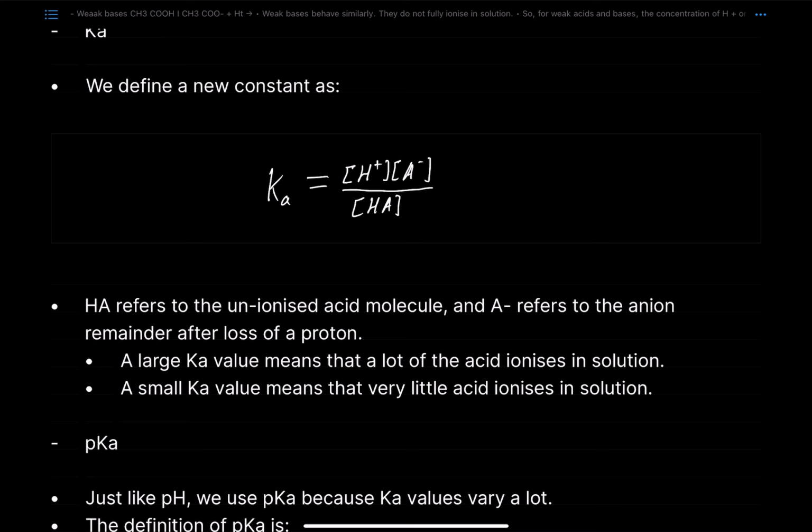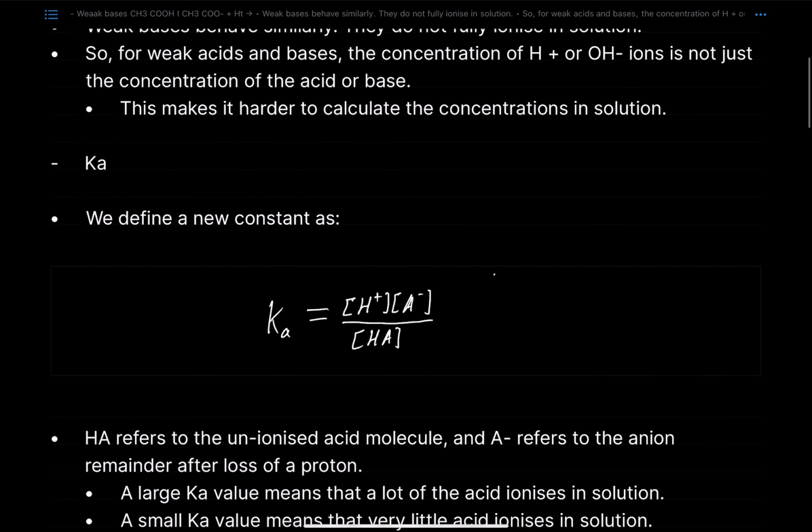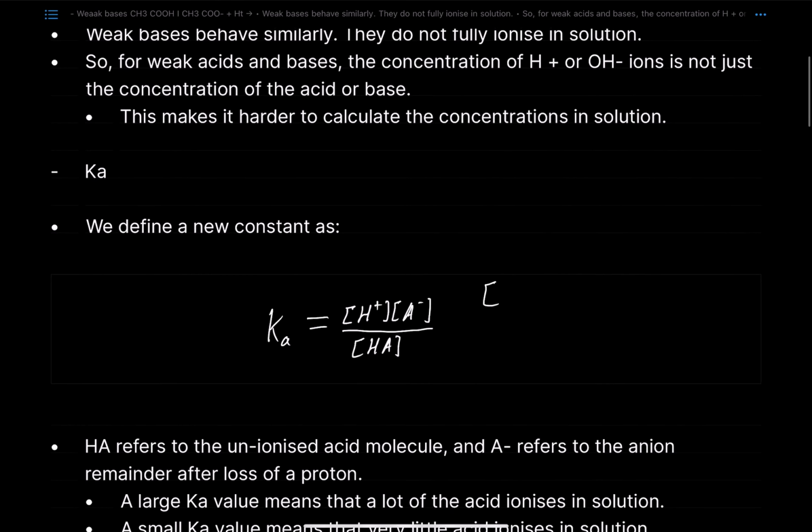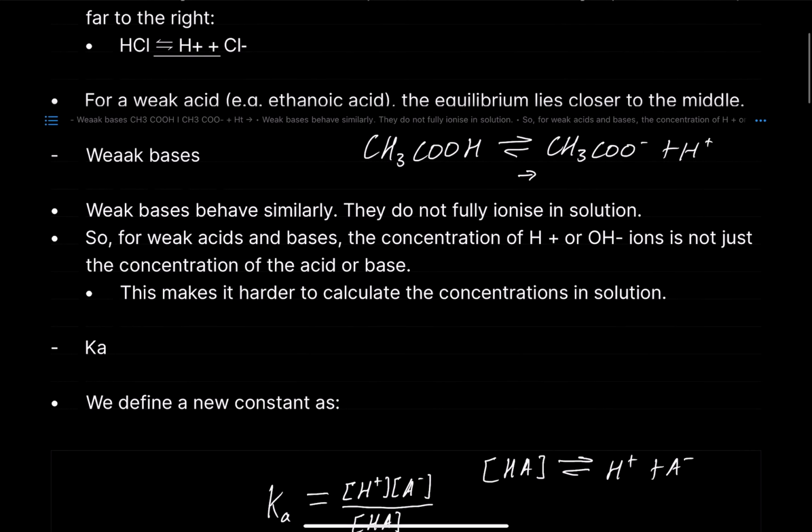A minus refers to the anion remainder after loss of a proton, and obviously H plus represents the proton. So if we're saying HA, treat HA as HCl, for example, right? HA will dissociate into H plus and A minus, right? And this applies to all acids.